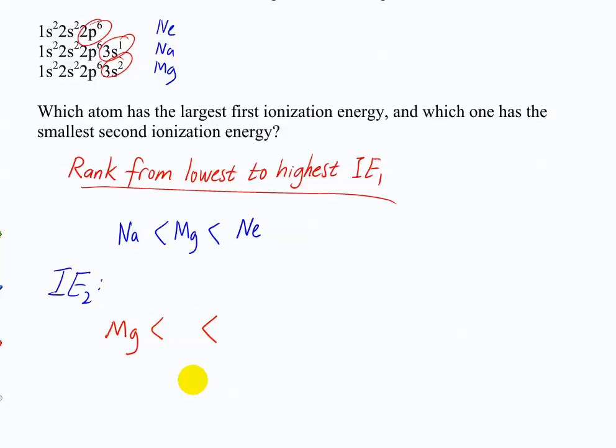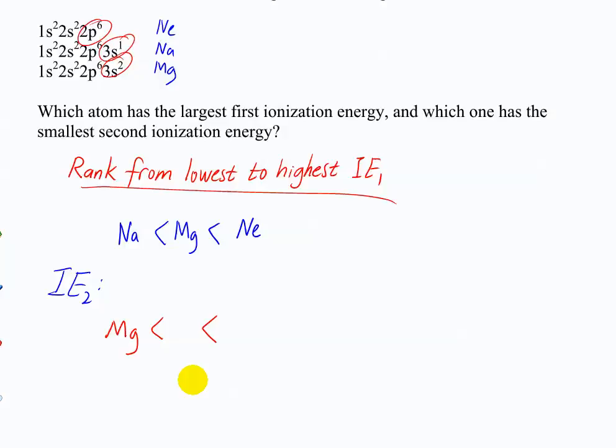The second of neon or the second of sodium? Why? Somebody who said one, why do you think? Sodium for the full shell. Yeah, you have to go into the second full shell. Yeah, so let's see if we can find it here. It's actually going to be fairly close.